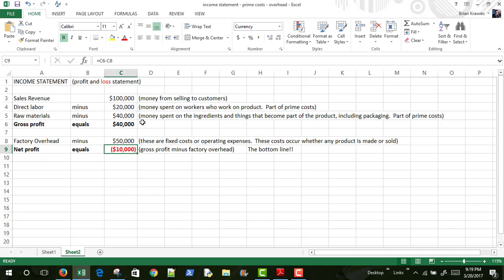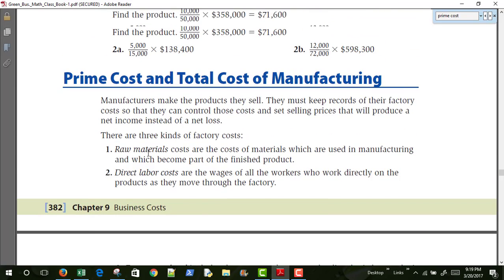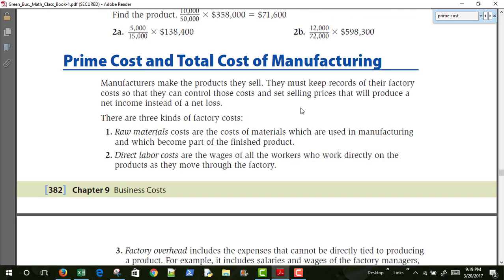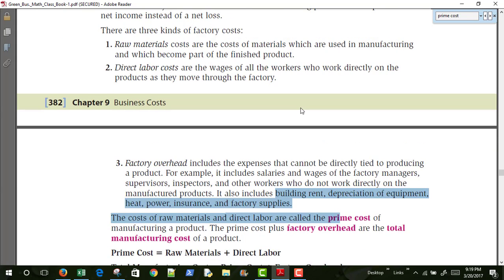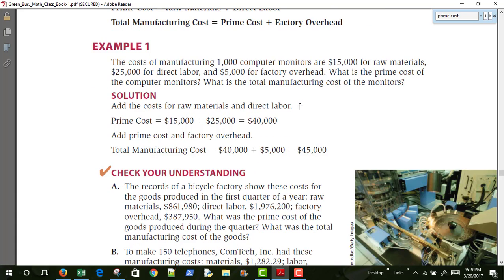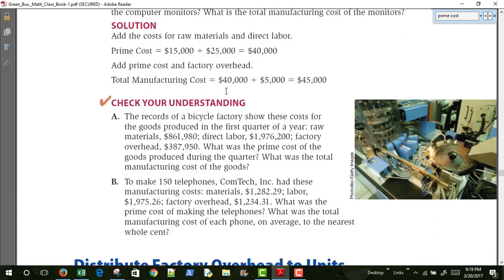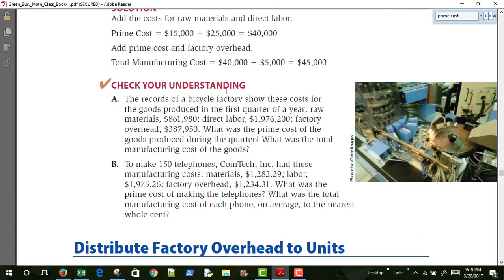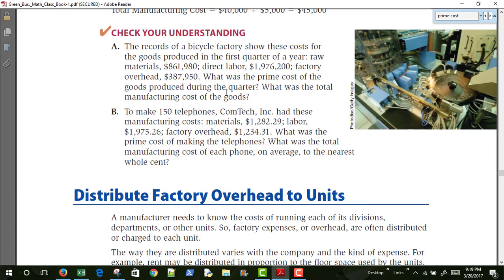Okay, so that's a little mini lesson on income statements and what's included. And I wanted to highlight why we're even talking about prime costs and total manufacturing costs. This fits right into something we'll talk about later in chapter 9, but I just wanted to expose you to it earlier so that you'd see where we're going with this.